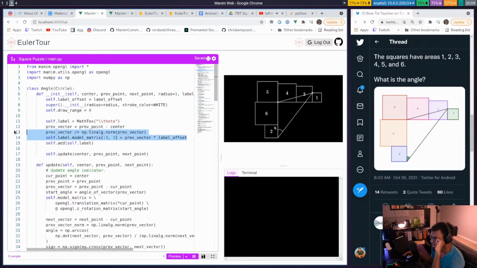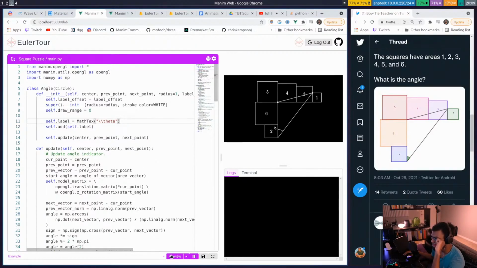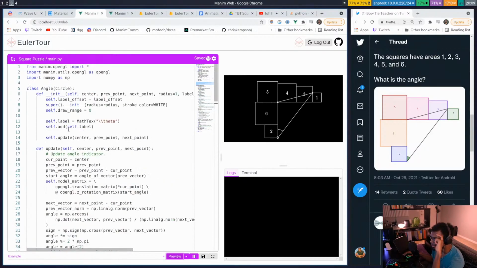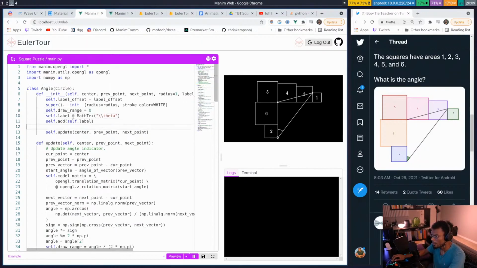So I'm going to start. I'm just not going to mess with the label here at all. Why is this rotated? Oh, because the entire thing is rotated. So draw range equals 0. Adds this label.